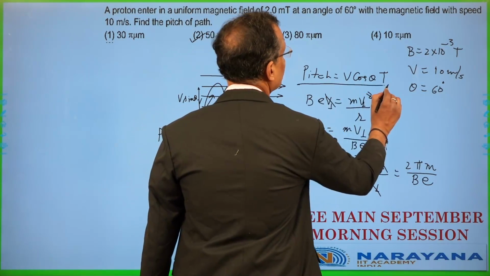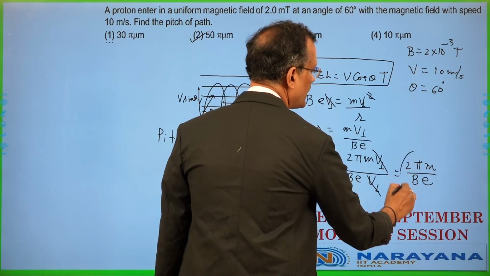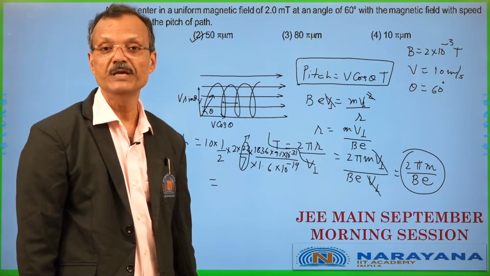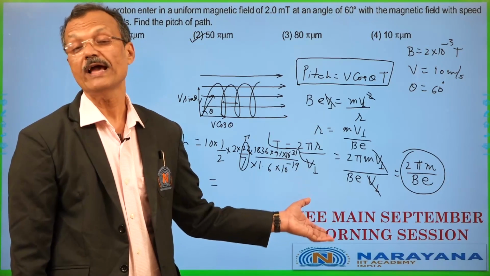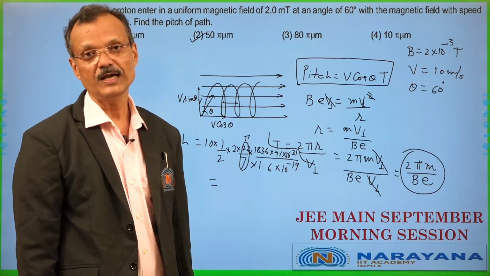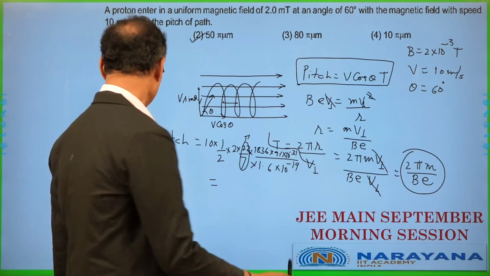T you can remember as a formula, 2 pi m by BQ, because here we have taken a proton, so I have taken E. Clear to you now? Now let us move to the next problem.